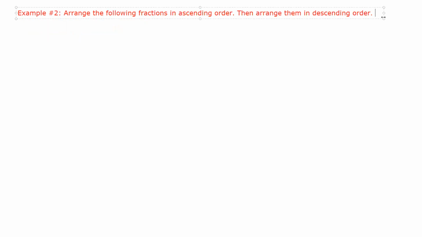So for example, let's say we have 3 over 4, comma. Say we have 5 over 6.